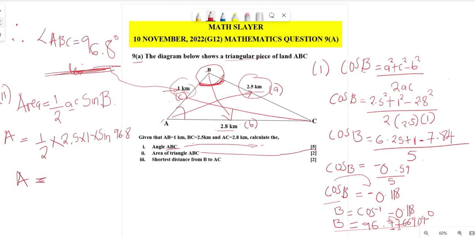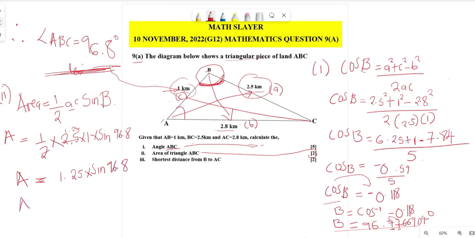Dividing 2.5 by 2 gives 1.25, so we have 1.25 times sine 96.8.